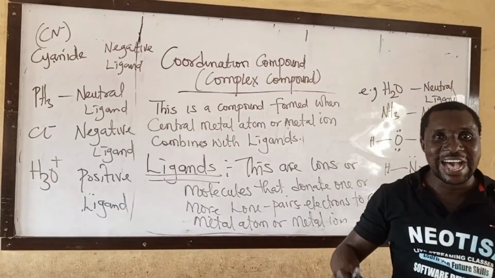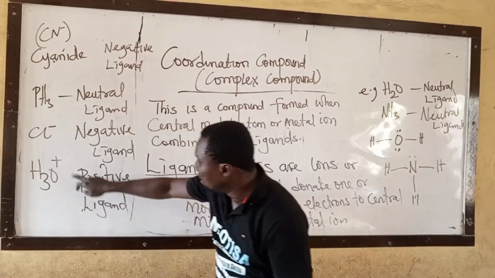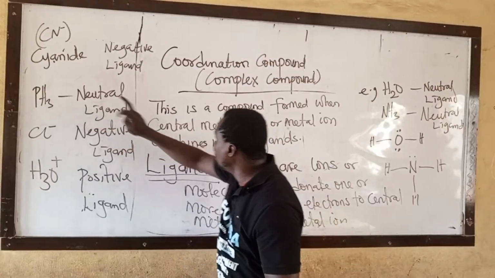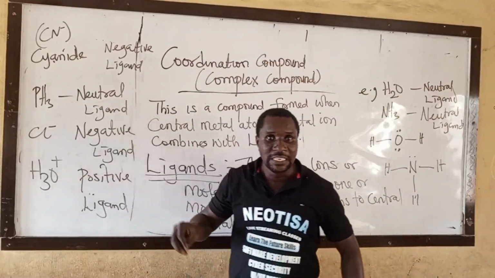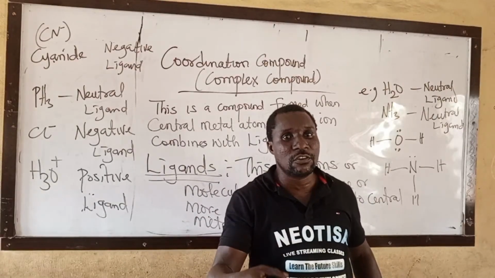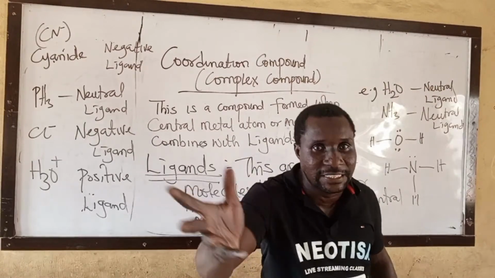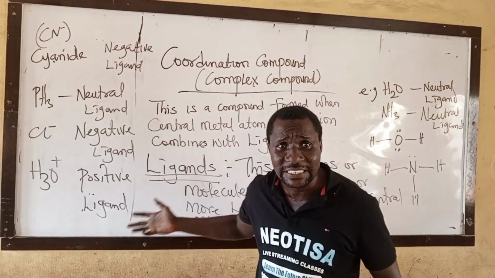Ligands are ions or molecules. They could be ions or molecules. Neutral ones are molecules; the positive and negative ones are ions. They are ions or molecules that have excess lone pair electrons to donate. Don't cram it, please. These are JAM questions.